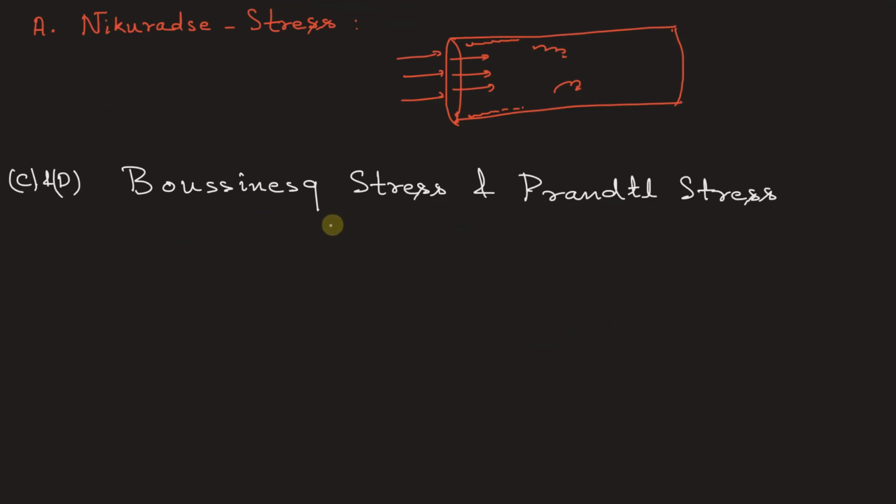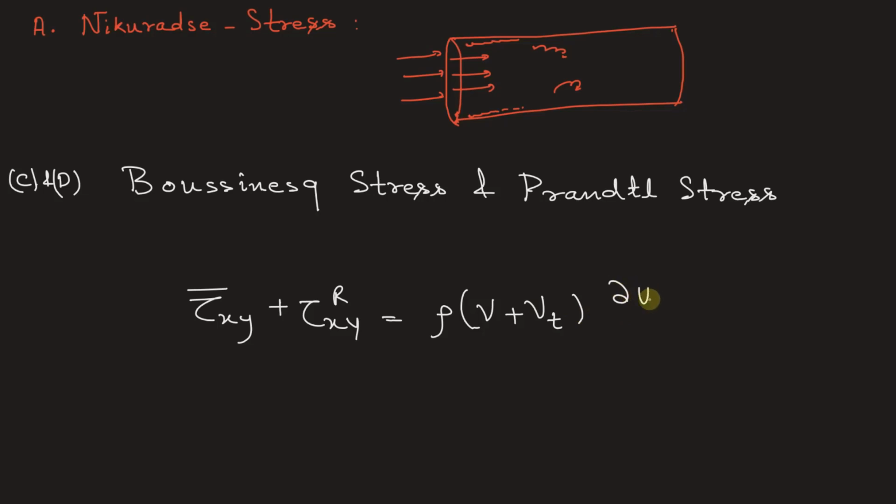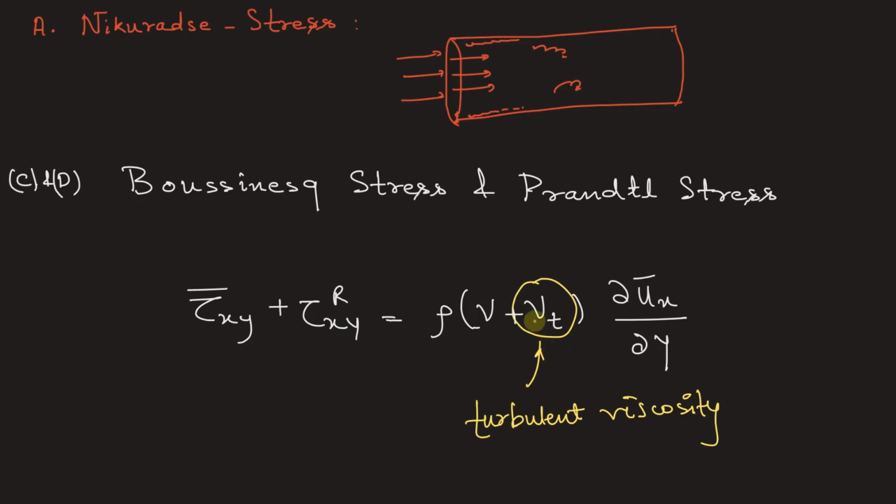Now before discussing Reynolds stress, let's see Boussinesq's and Prandtl stress. Boussinesq proposed a stress strain rate relation for a time average flow of a one dimensional nature of the form tau xy equals rho times nu t times dou ux divided by dou y. Nu t here is turbulent viscosity. Evidently this turbulent viscosity is the property of turbulence and not that of the fluid.